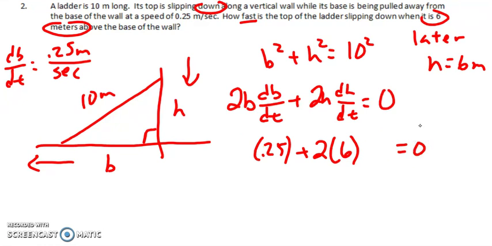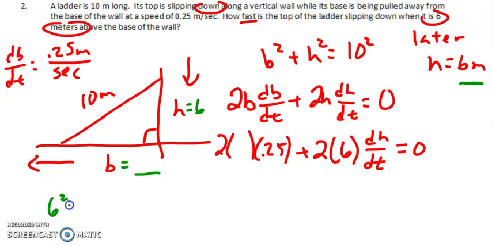And now I have a couple other things to address. dh/dt, that's how fast the ladder is slipping down, so that's actually our rate that we're trying to solve for. Well, what is B? Hopefully you realize when we take this later time here, which is 6, we can find out what B is at a later point in time by using the Pythagorean theorem.